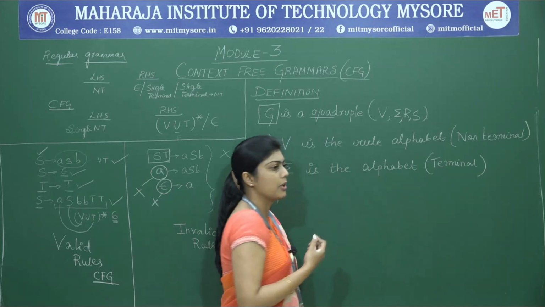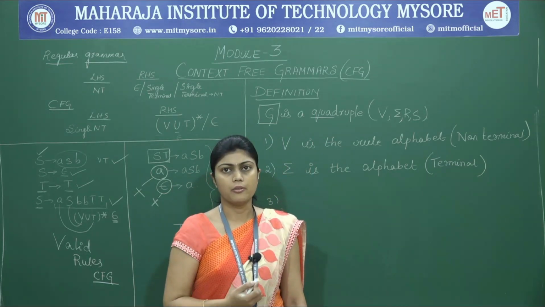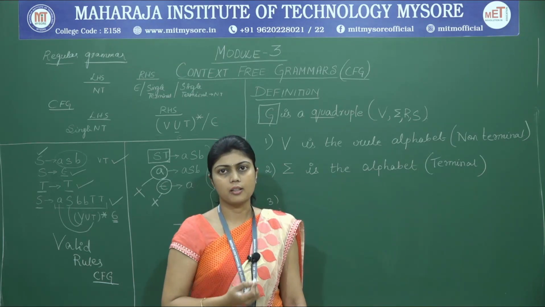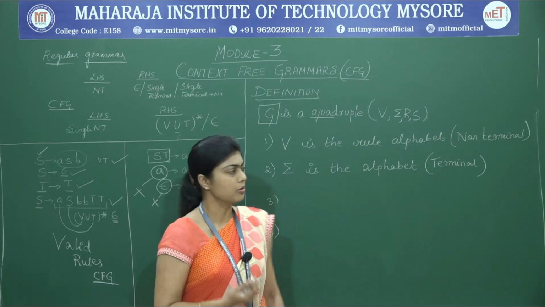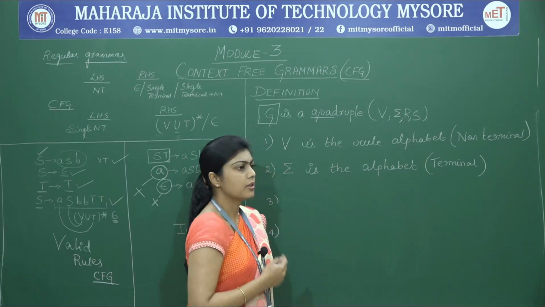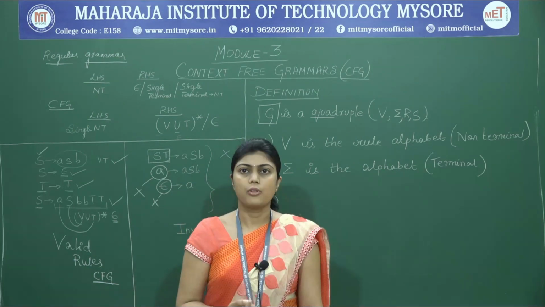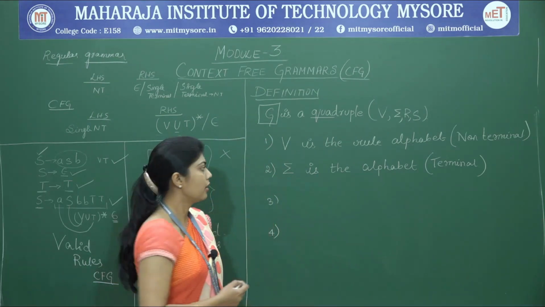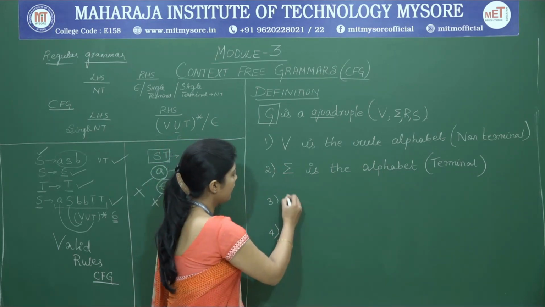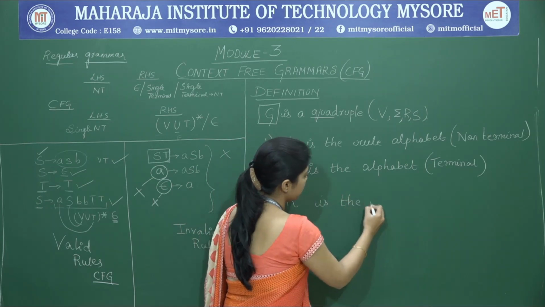So non-terminal is the one for which we can substitute another thing, and the terminal is the one which appears in the string that we are going to derive from the grammar rules. So as I told, sigma is the alphabet. So it's a terminal. So these symbols are found in the string that we are going to derive from the given grammar. Then R is the set of rules.